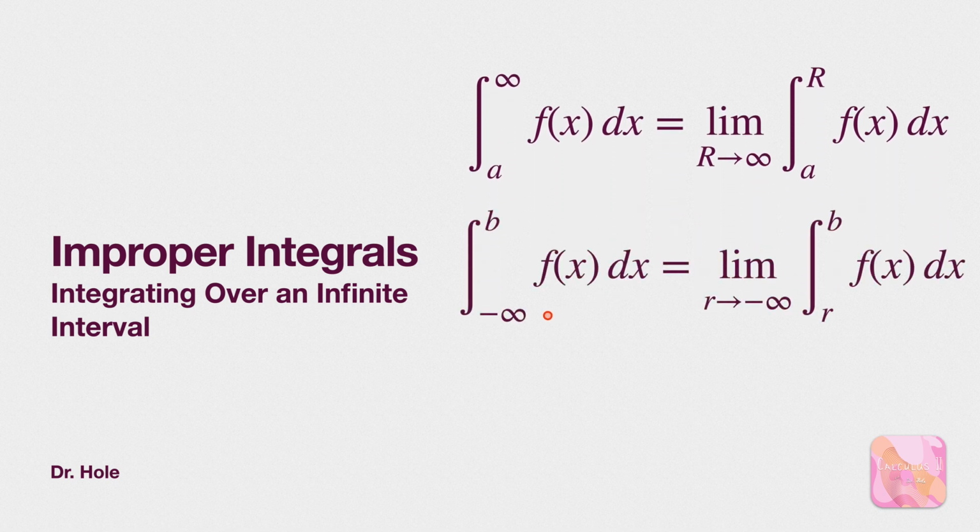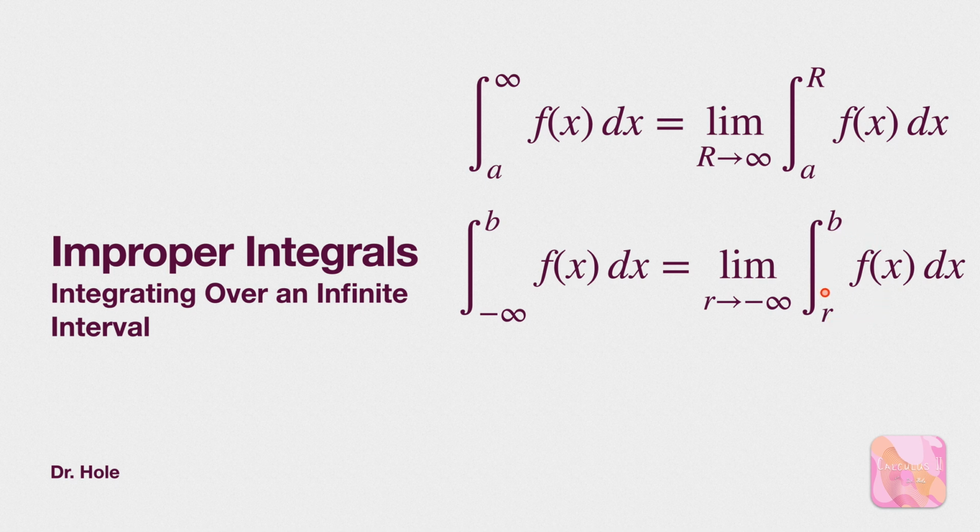Equally, if we have a lower bound which is infinite, negative infinity, we can replace this concept of infinity with a definite value as a placeholder. The integral is then a definite integral, which we have a solid notion of. Let that lower bound become even lower. Take it more to the left.